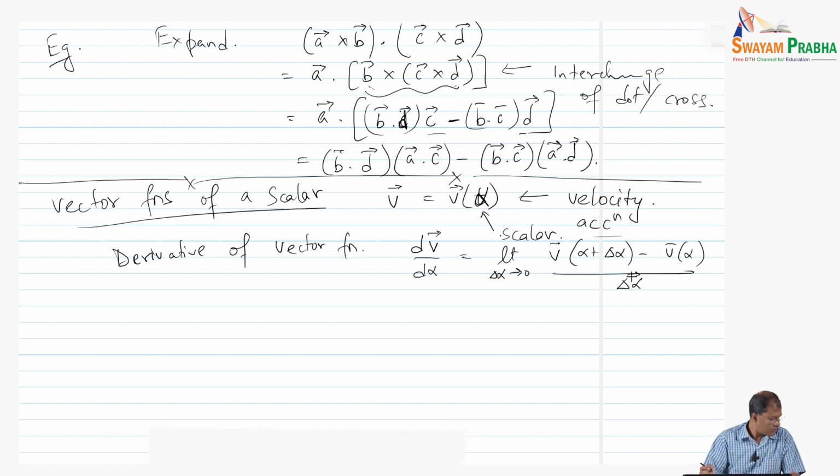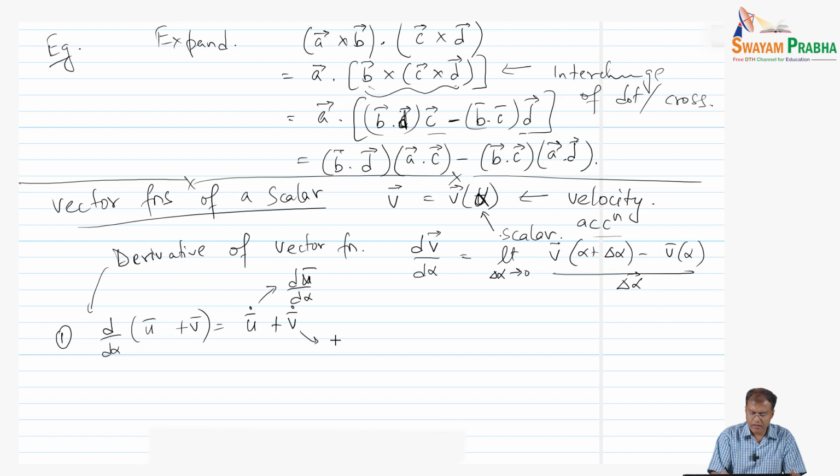So then we can quickly look at some of the properties of derivatives. So derivatives are linear operators. We have that the derivative of u plus v is u dot plus v dot. When I say dot, it means that this is the derivative of u with respect to alpha, and this is the derivative of v with respect to alpha.